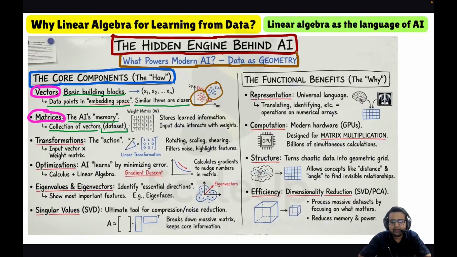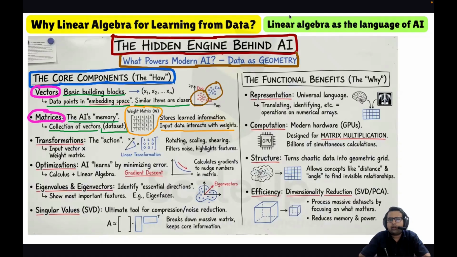In a neural network, the weight matrix stores everything the model has learned. So when you input data, it interacts with these weights in the weight matrix.